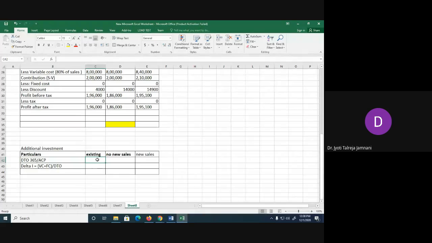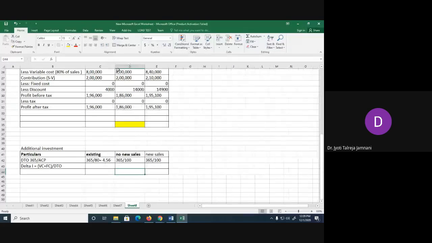So existing, 365 divided by 80, which gives 4.56 times. For new, 365 divided by 100, 3.65 times, and here also 3.65 times.